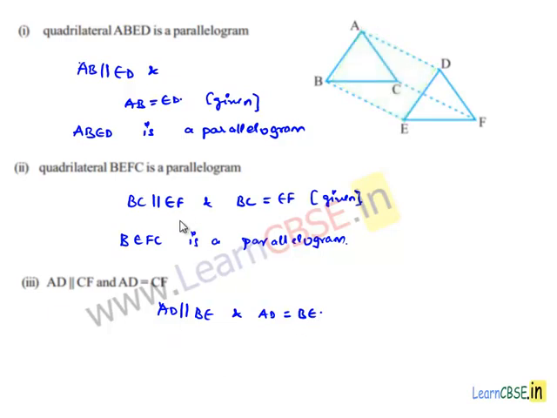Similarly, from the second proof, that BEFC is a parallelogram, we can say CF is parallel to BE and CF is equal to BE. So from these two we can say AD is parallel to CF and AD is equal to CF.